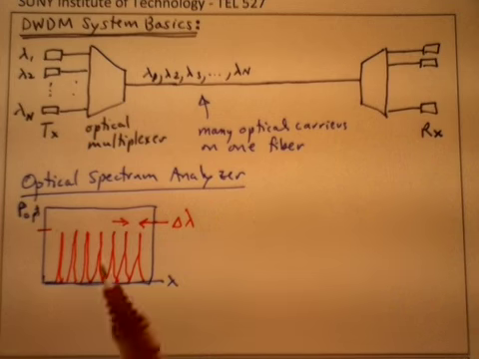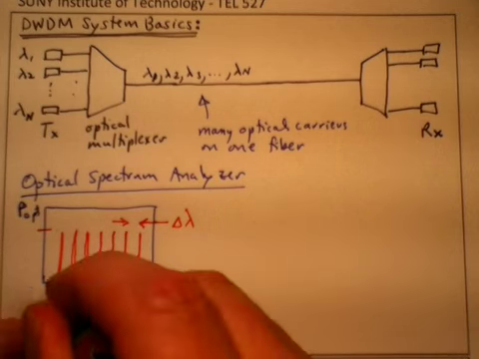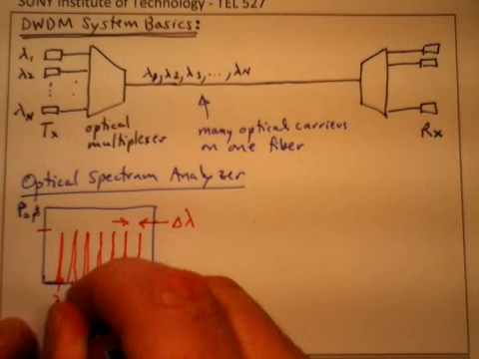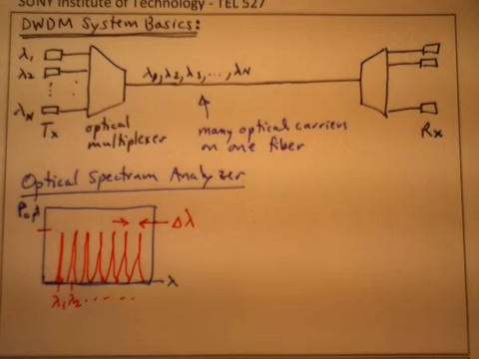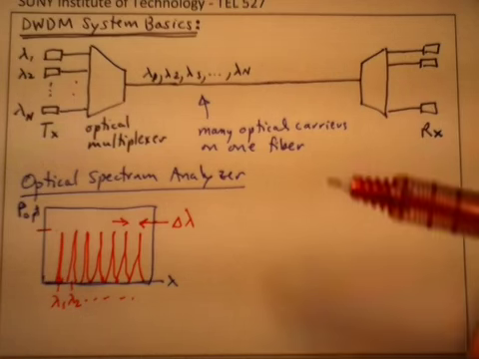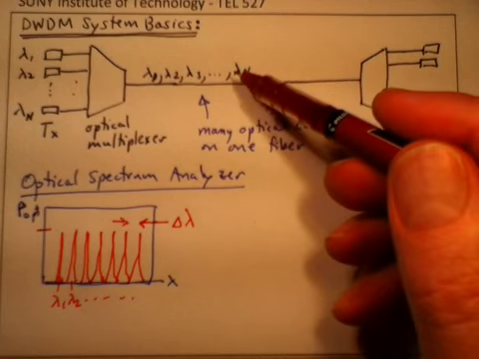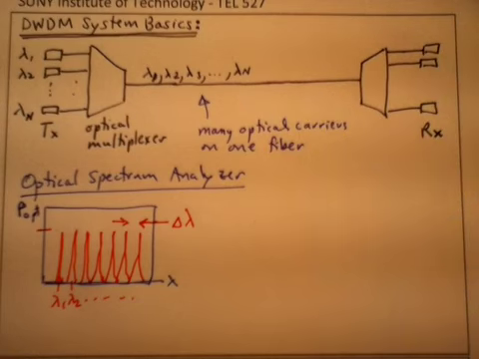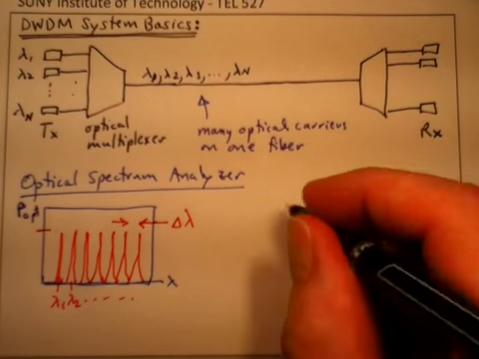And so you can literally see these things, lambda 1, lambda 2, dot dot dot. And depending upon the channel spacing, you can fit more or fewer wavelengths within the different bands.